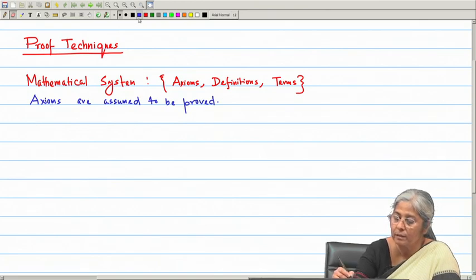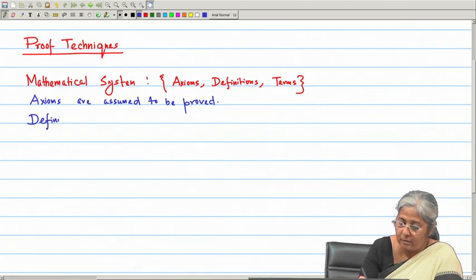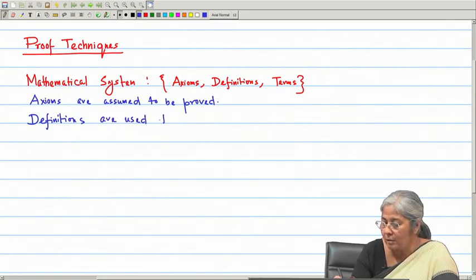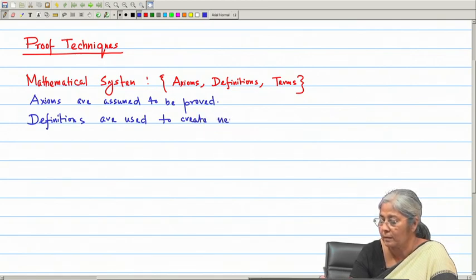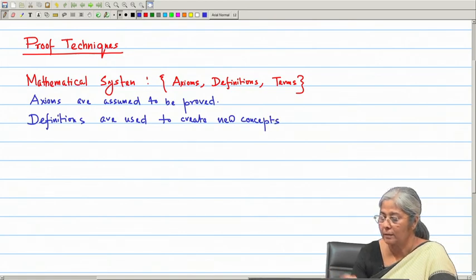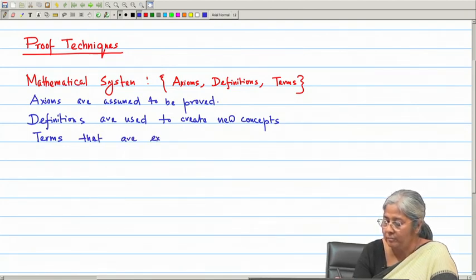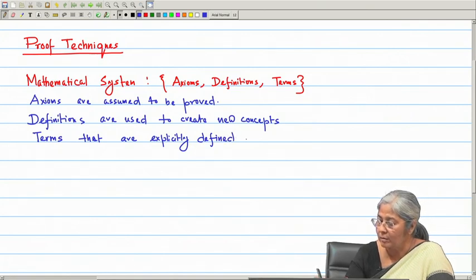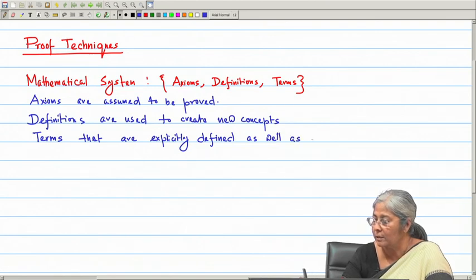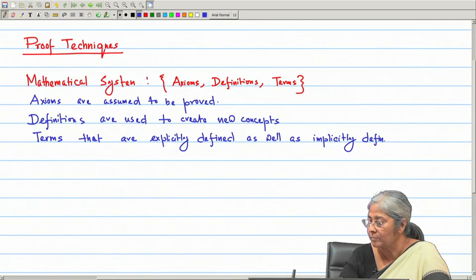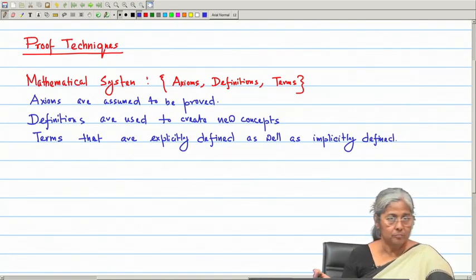Definitions are used to create new concepts and terms that are explicitly defined, as well as can be implicitly defined, mainly for axioms.